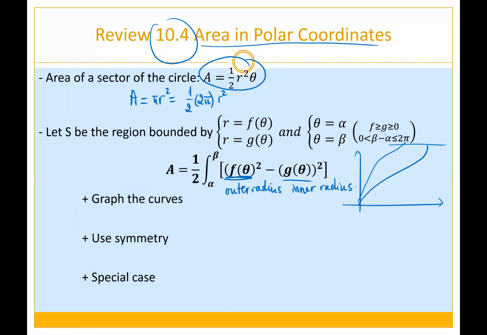Sometimes there are things that you need in order to find this area. Of course, you have to graph the curve to see what the outer and inner radius are. A lot of times you should use symmetry, and if you graph the curves correctly, you're going to be able to see that symmetry immediately. And so you just apply it, and instead of finding a bunch of small areas, if you see the symmetry, you can combine them all at once, and it's going to save you a lot of time.